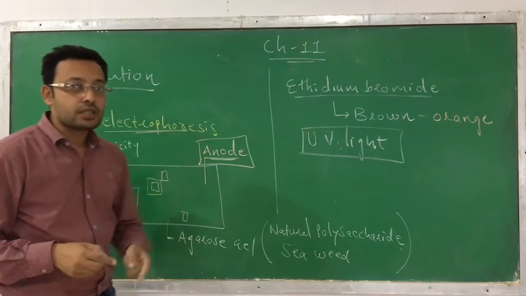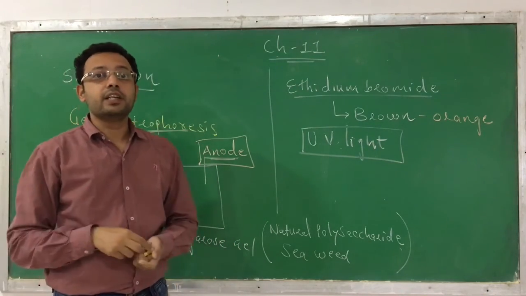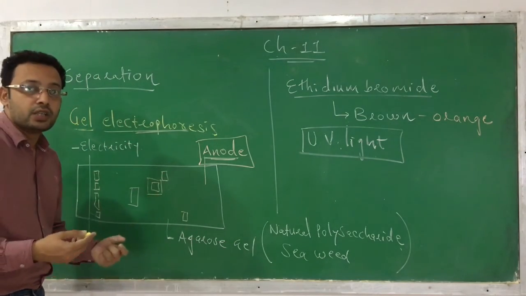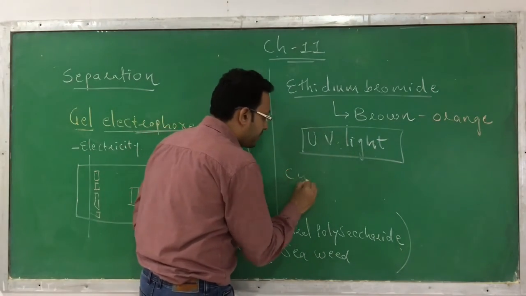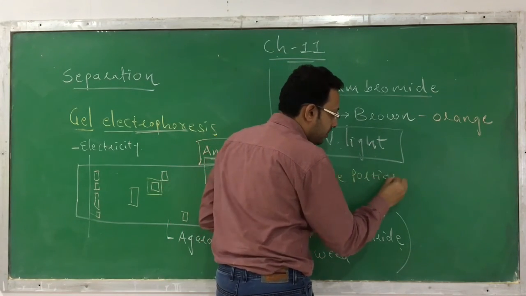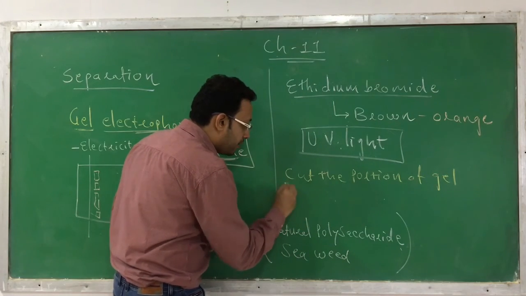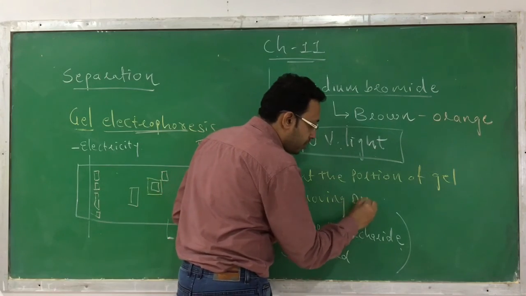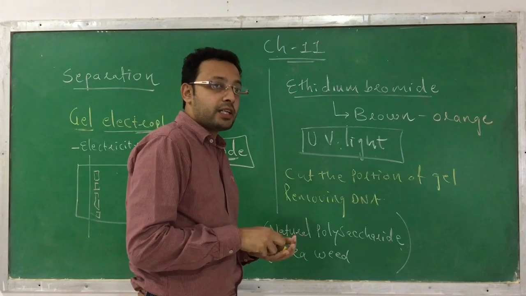Then the DNA molecule is removed, or separated out, because here it's a mixture of gel and DNA. So we cut the portion of the gel and remove the DNA from it.